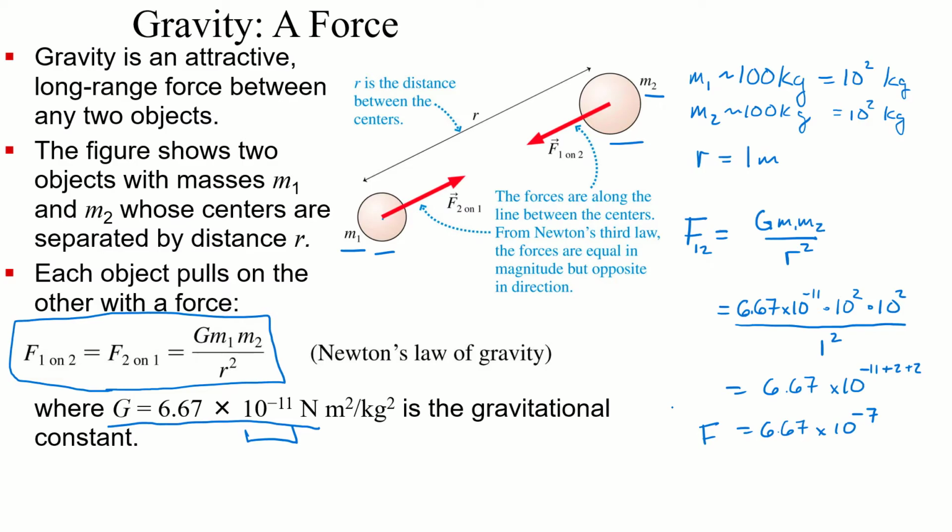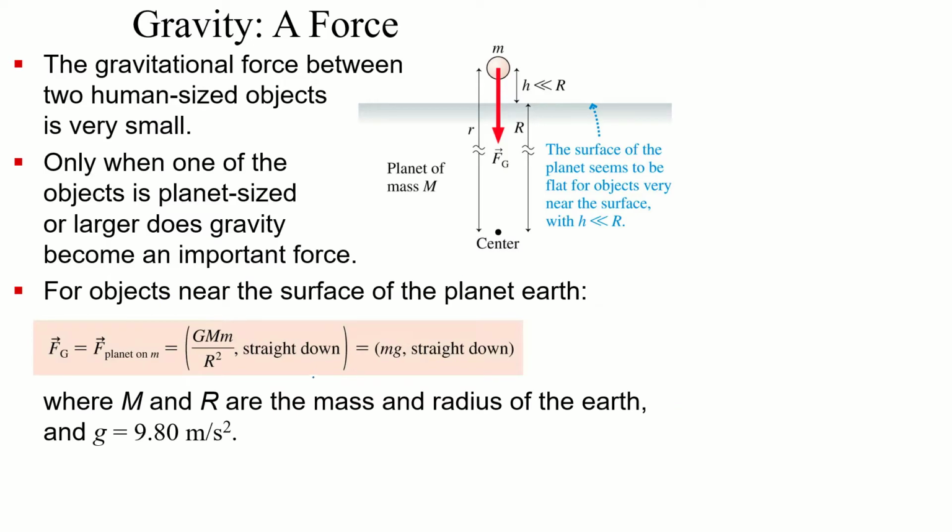The attractive force between something near Earth's surface and the Earth is the only force of gravity that's really significant. And when we do that, we can make some approximations, right? That force is again going to be G times the mass of the object times the mass of the Earth divided by the distance between the object and the Earth squared.